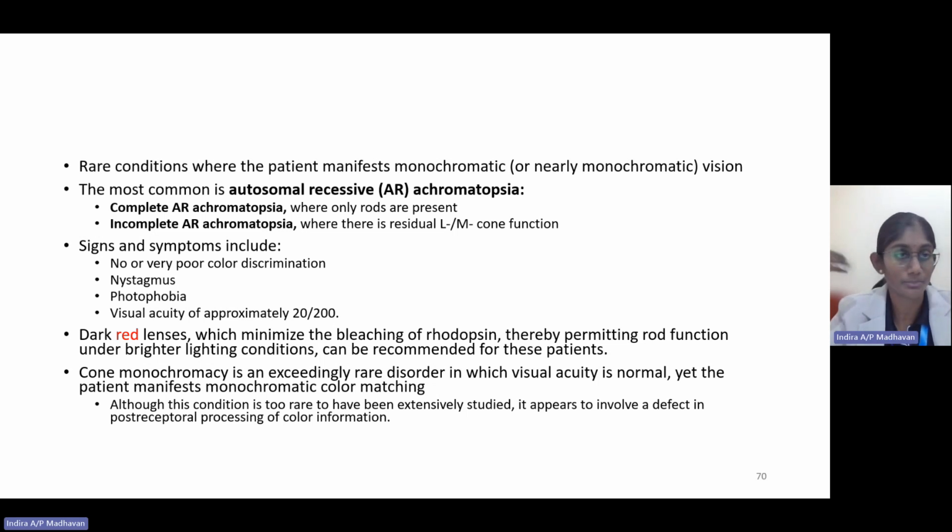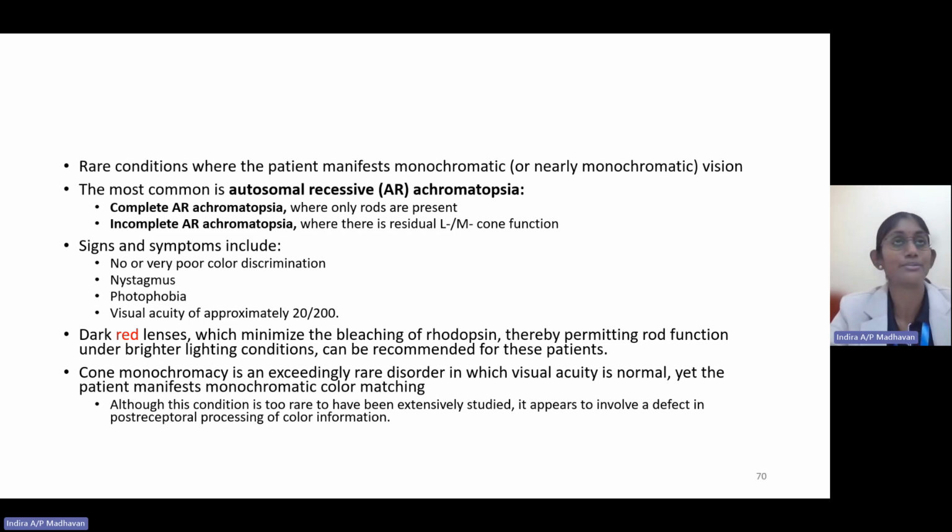How these dark red lenses work relates to how our cones and rods function. When we are in a bright area, whether in daytime or in a lighted room, our cones get activated while our rods are bleached and deactivated. That is the reason why you are able to see details in a bright room. But if you switch off the light, or the day becomes night, very dark, the cones lose their sensitivity and the rods take charge.